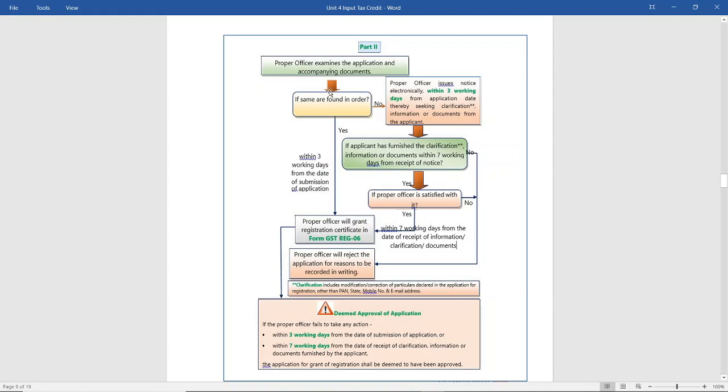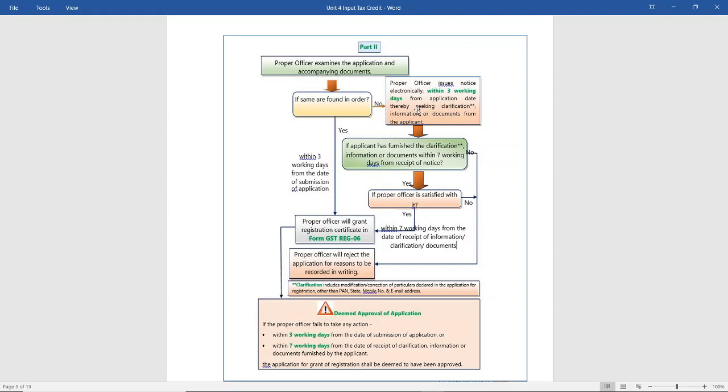Now, suppose the proper officer feels that the documents are not in order. Then within 3 working days from the date of receipt of the application, he should seek clarification on any document or additional information and inform the applicant.